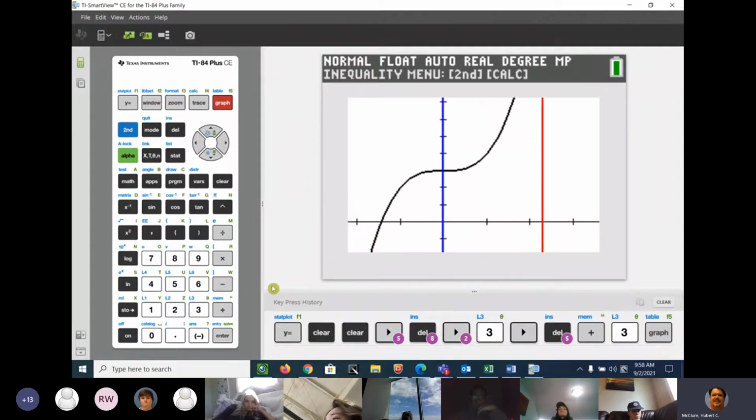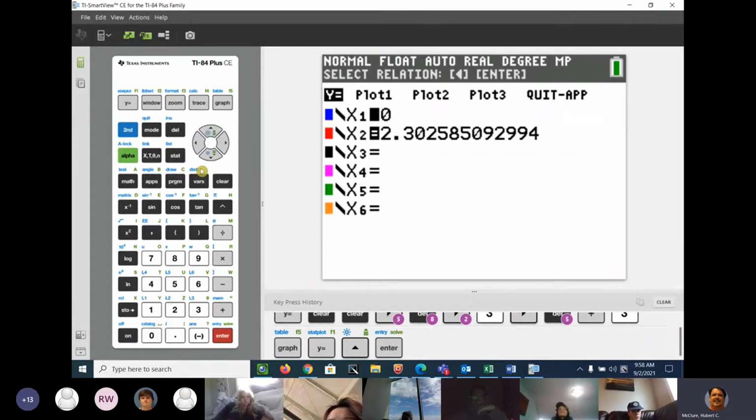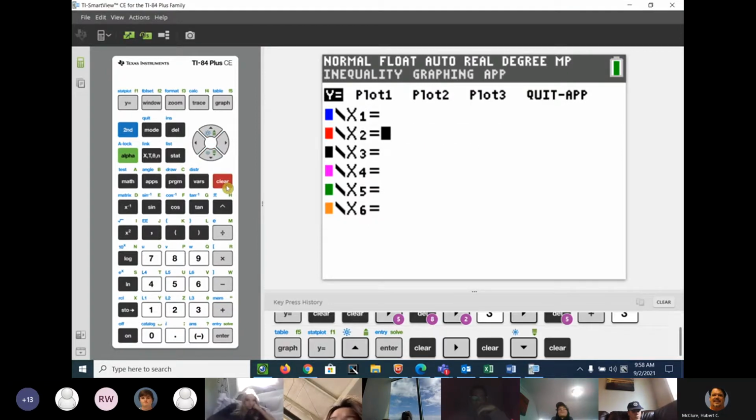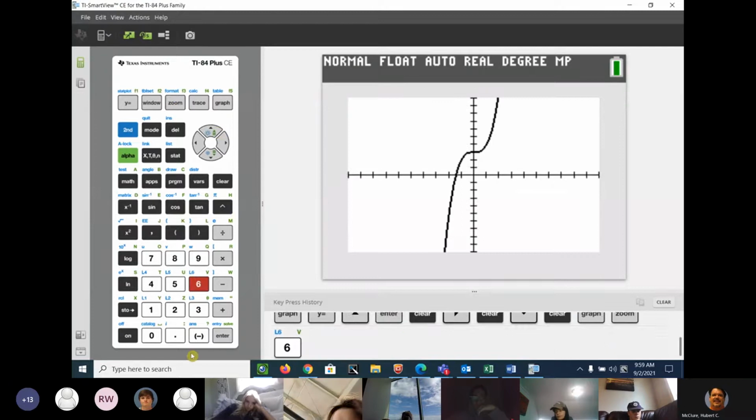Hold on just a second. Let me take that x is equal to, let's clear that. Sorry. Clear. There we go. And let's do a zoom standard. There you go.